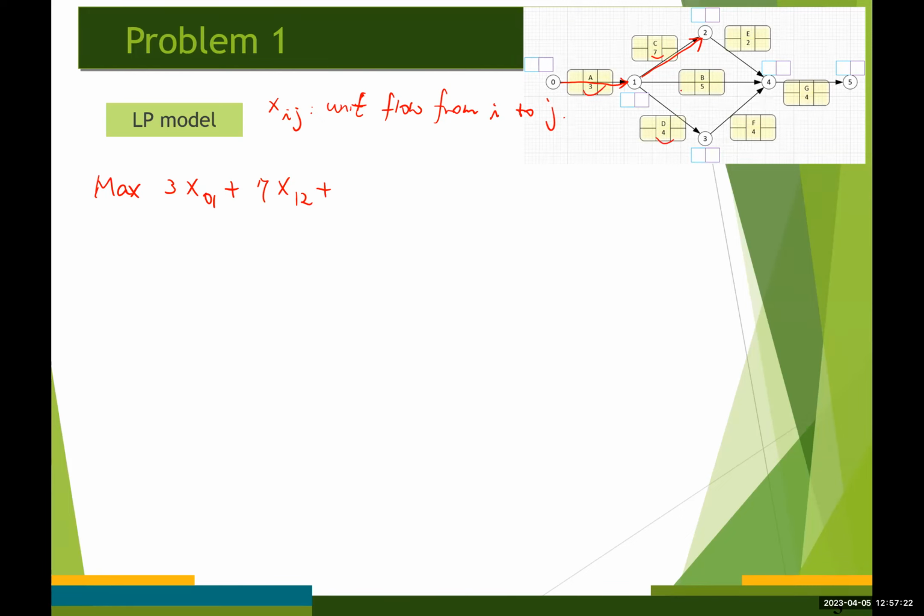And then 4 times x13. 5 times x14. 2 times x24. 4 times x34. Then finally 4 times x45. That's our objective function.